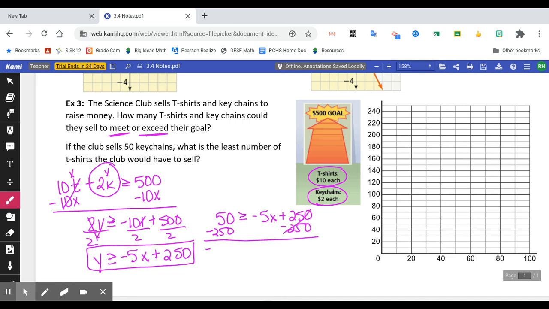This gives me negative 200. I'm going to divide by negative 5. When I divide by a negative, my symbol flips, so I get 40 is less than or equal to X. So they have to sell 40 t-shirts or more.